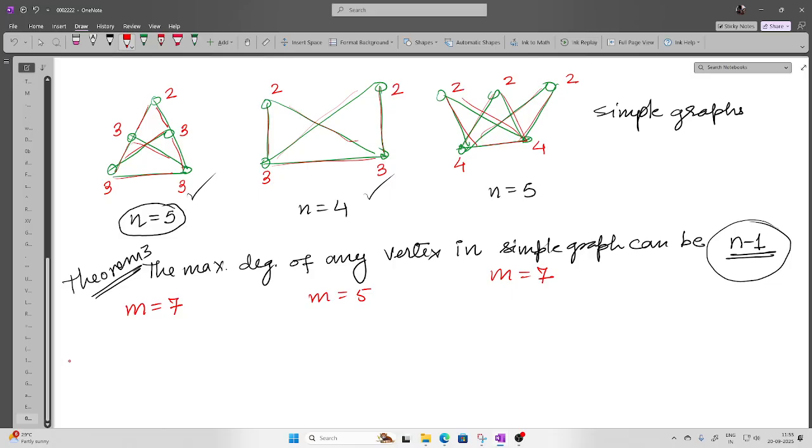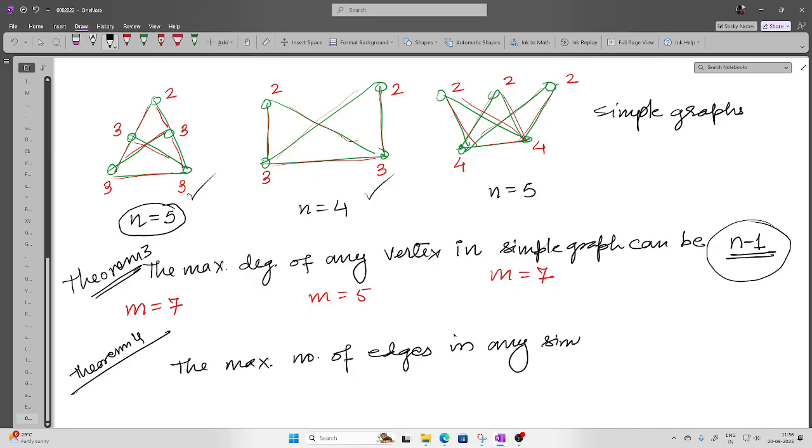Now, the fourth theorem says that the maximum number of edges in any simple graph can be nC2, that is n times n minus 1 by 2. So these are the maximum number of edges any graph can have.